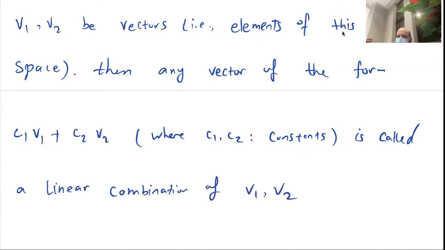So a linear combination of V1 and V2 means a vector of the form C1 V1 plus C2 V2, where C1 and C2 are constants.